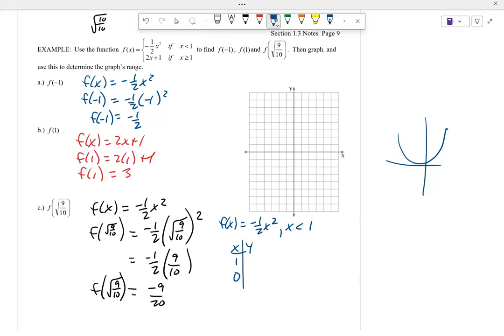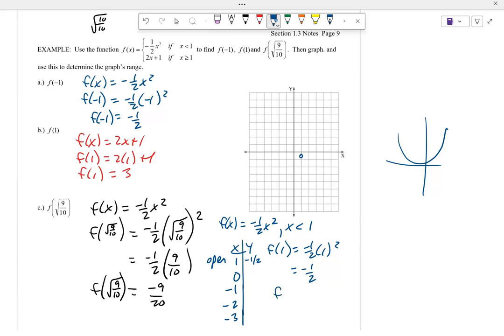So 1, 0. Now 1 is not included, so I'm going to leave that open. So I can only plug in a handful of points that are less than 1. So let's plug in 1 and negative a half times 1 squared. Well, 1 squared is 1, so f of 1 ends up being negative a half. But remember, that's open. So positive 1, down a half. So right there, but it's open.